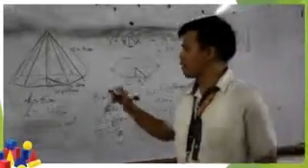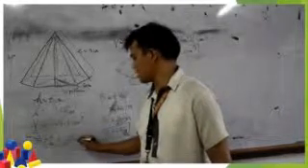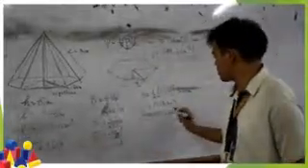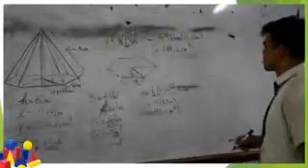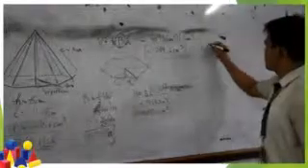Now, in finding the total surface area of the pyramid, we will make use of the formula base area plus lateral surface area. We have already calculated the base area, which is 93.6 square centimeters. Then all we have to find is the LSA, or the lateral surface area. LSA equals 1/2 times the perimeter times the slant height of the pyramid.